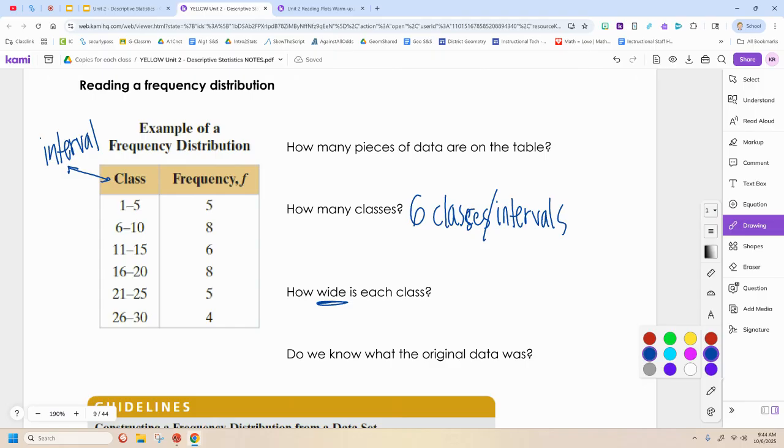So subtraction of the interval doesn't work. Do you know what does work? What's the difference between 1 and 6? Do you guys see the add 5 here? Same thing here. What do you do to 5 to get 10? Add 5, right? So our class width is 5. And maybe you would put in here not 5 minus 1, which equals 4.